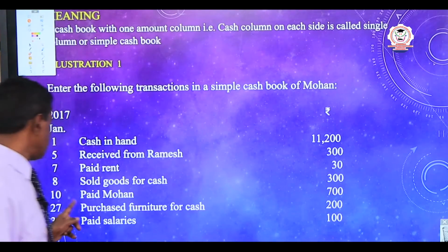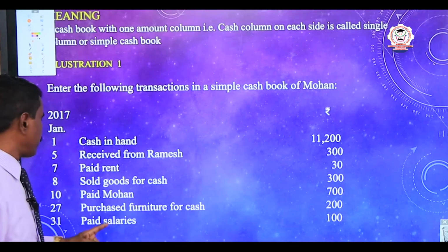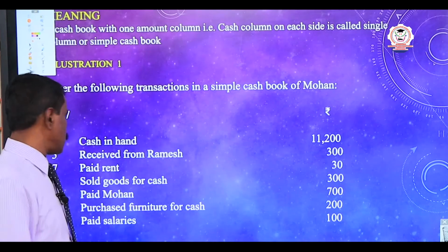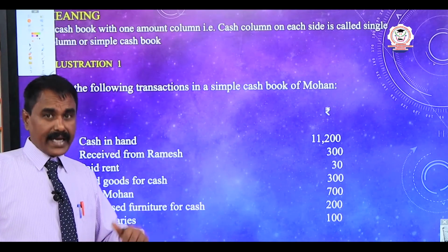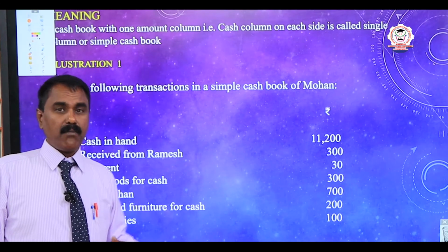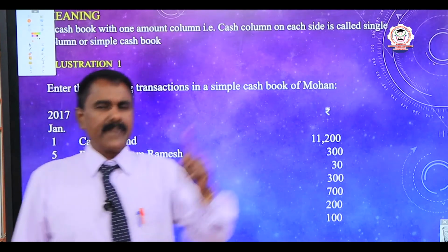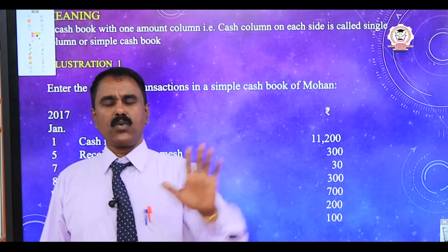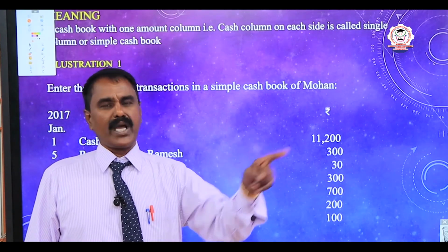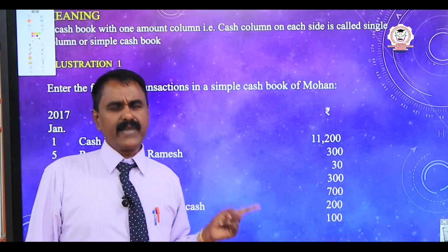Next one is paid cash to Mohan. Mohan is the receiver. Debit the receiver, credit what goes out.